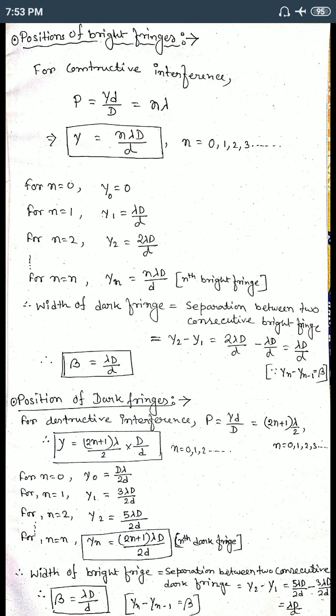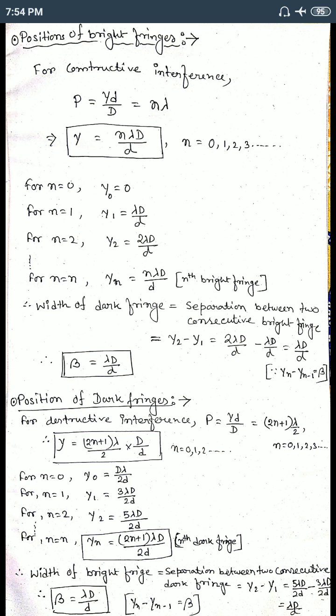So the path difference P equals yd by D, that equals (2n plus 1)λ by 2. From here we get the equation for y: y equals (2n plus 1) into λ by 2 into D by d, where n starts from 0, 1, 2 onwards.